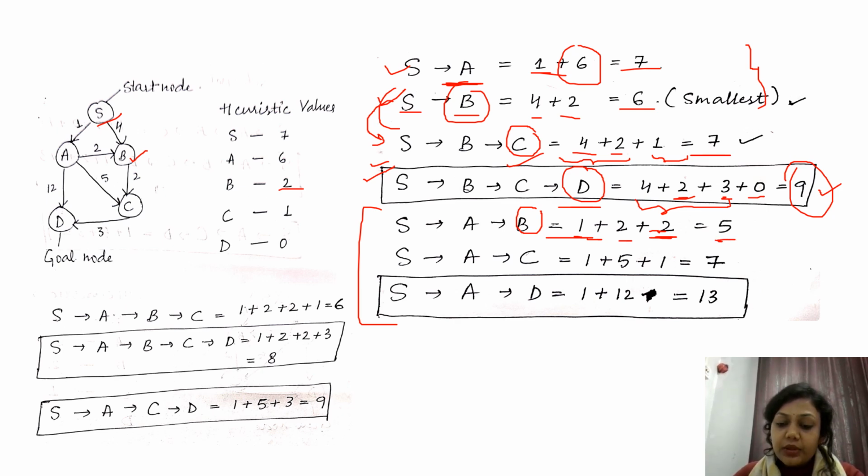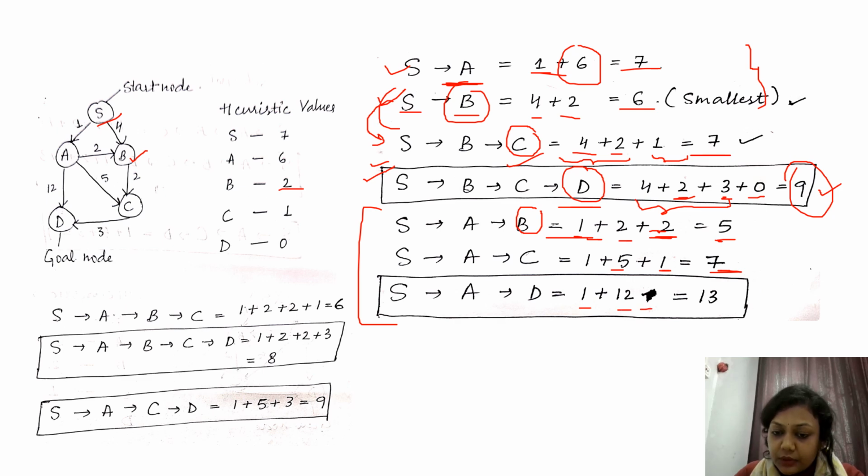Now we will explore another path, S to A and A to C. Now S to A is taking an actual path value 1 and A to C is taking actual path value 5, plus the heuristic value for C is 1. Now the answer is 7. Again we will see the path S to A and A to D. In this, S to A is 1 and A to D is given 12.